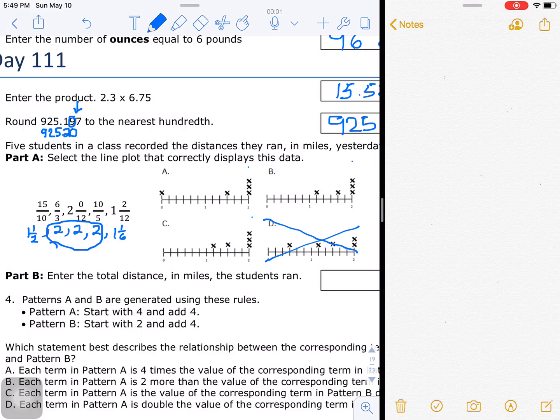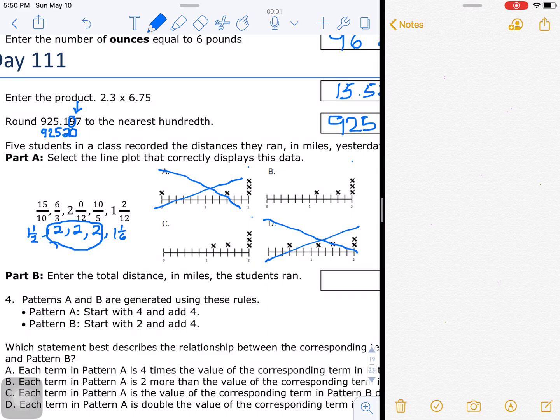From there, I want to see which of these also has 1 1/2 and 1 1/6. Well, A has a 0, and there is no 0 as a data item. So it's down between B and C.